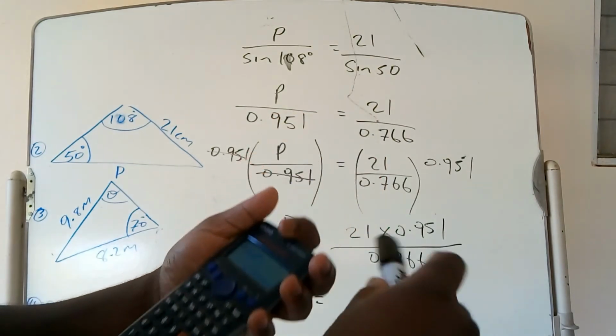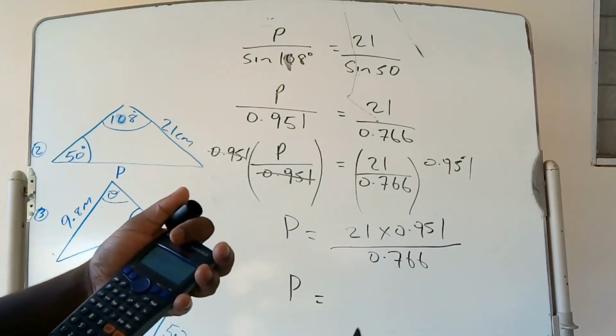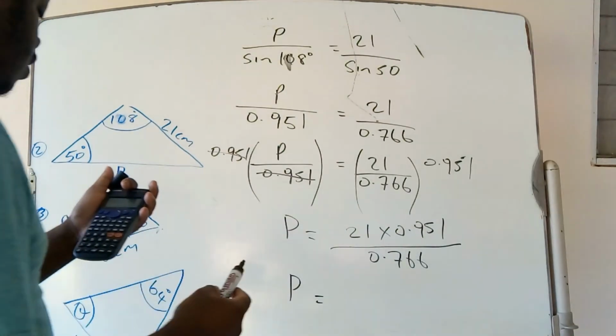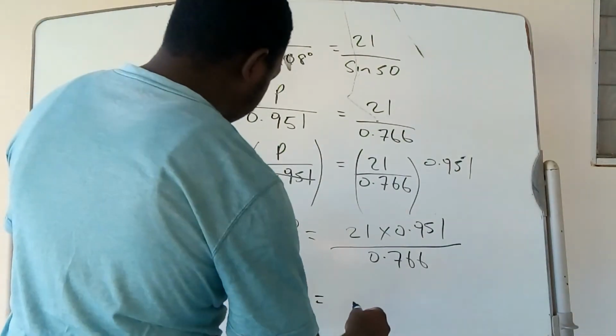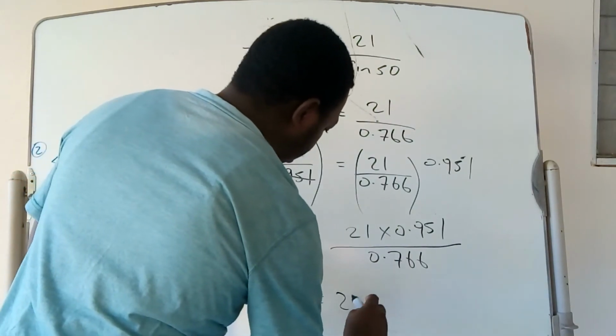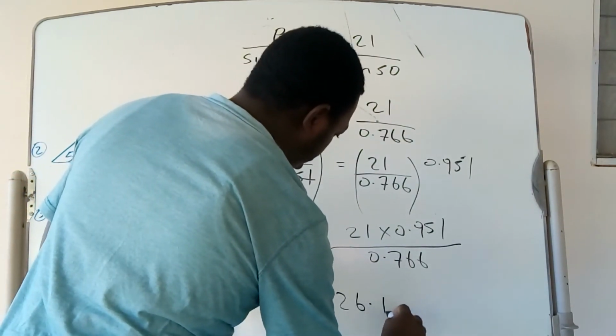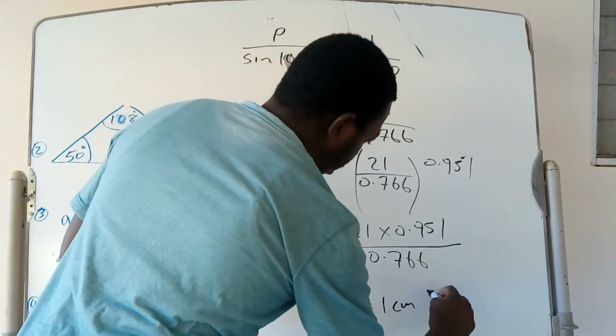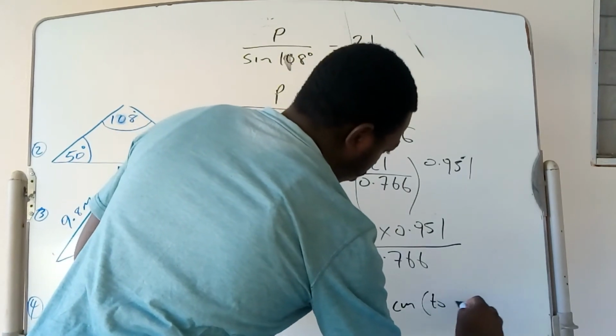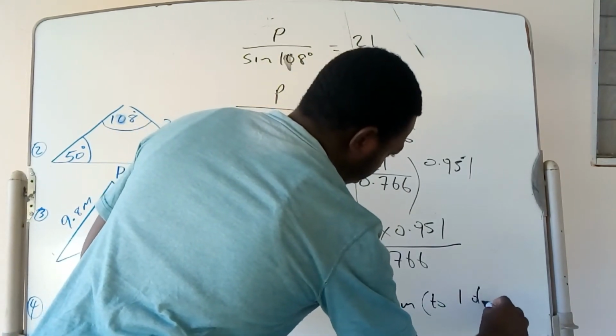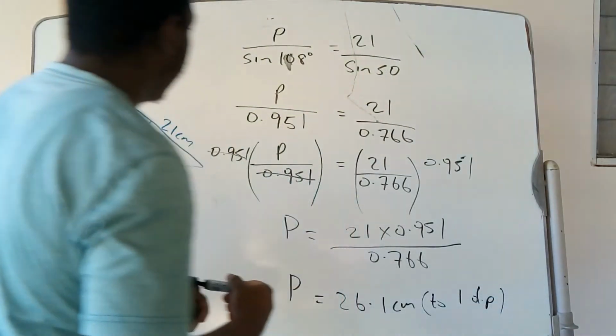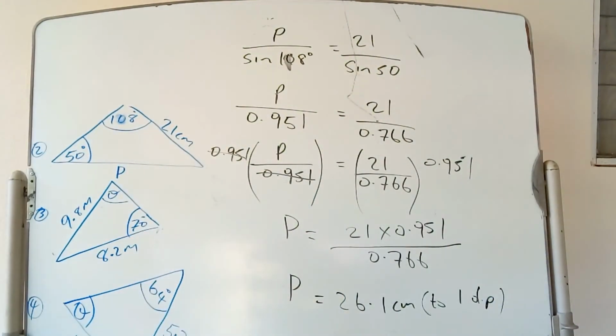That is approximately 26.07, correct to 2 decimal places. If you round that off, that's 26.1 centimeters, correct to 1 dp. And that's how you would find it.